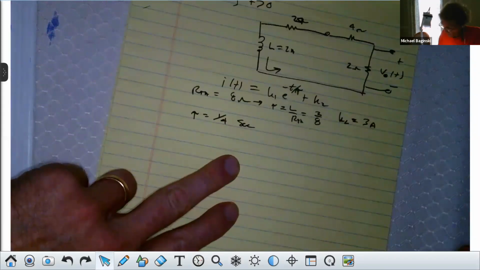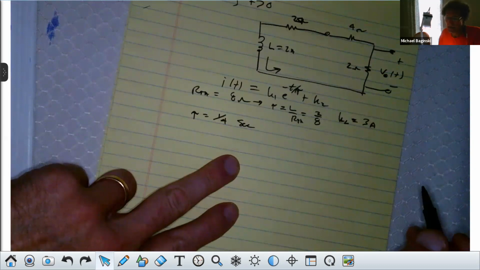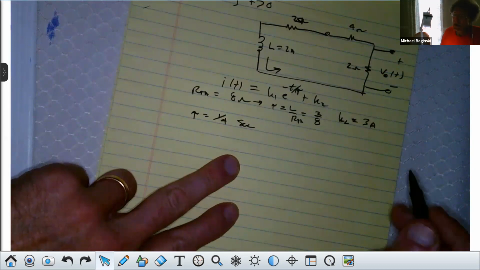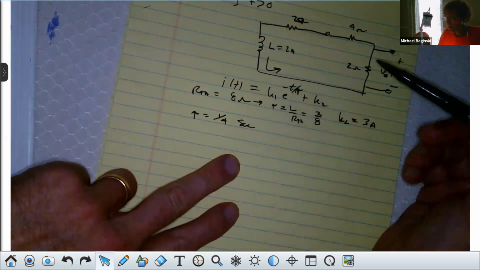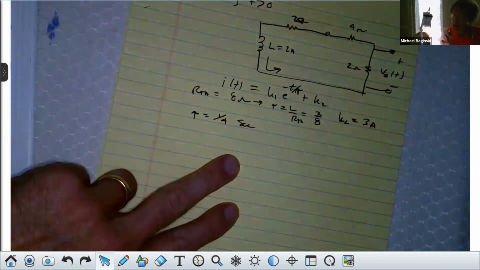To get K1, I have to find that value using the value of current at t less than 0, which is the value at t equals 0. Something I failed to mention is that current through an inductor, like the voltage in a capacitor, is continuous. It cannot jump. It can't go from 1 amp to 10 amps instantly.